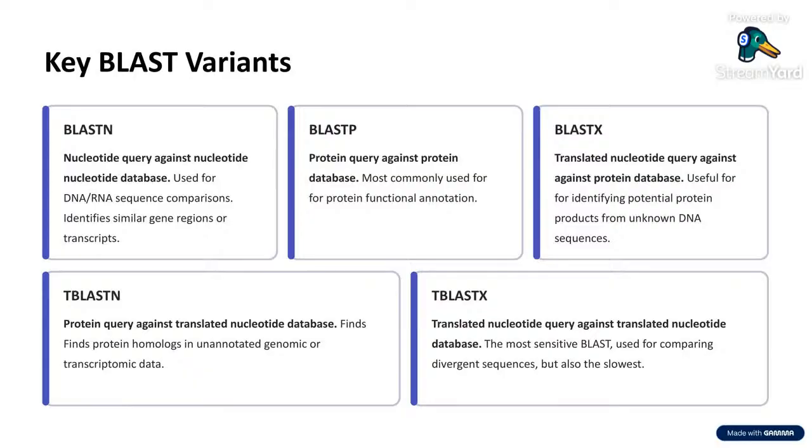It translates both query and database into protein. It is excellent for comparing divergent sequences. So if you have a sequence like a novel DNA region and suspect it encodes a protein, BLASTX will help us identify protein matches. If you have a protein and want to find its gene in an annotated genome, then use TBLASTN.